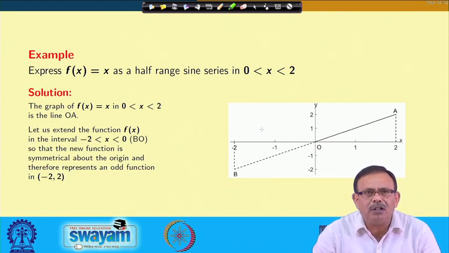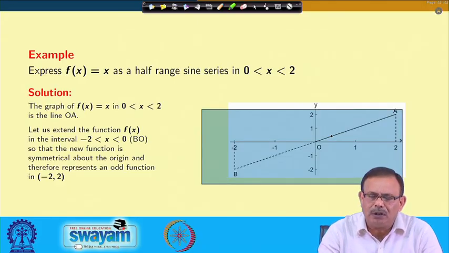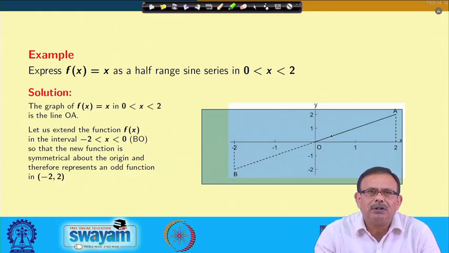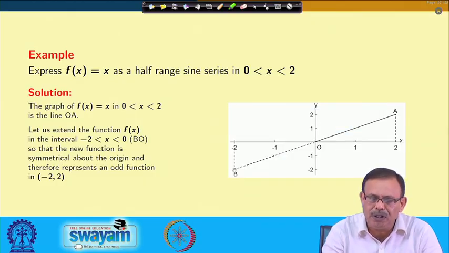Now, here if you see, the graph of f x in 0 to 2 is this line, 0 to A. Now, let us extend this function f x into the interval 0 to minus 2, so that the function is symmetric about the origin.